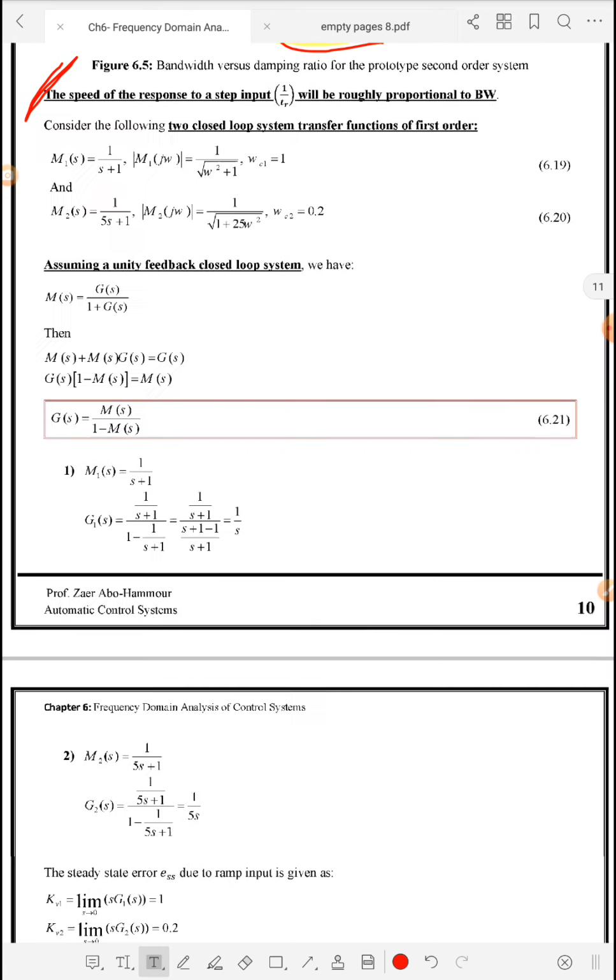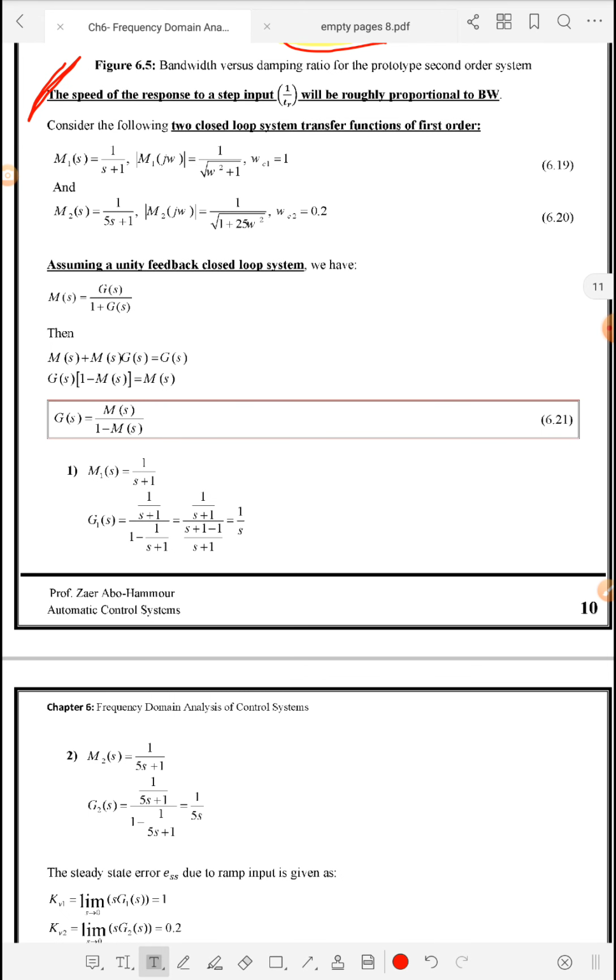In this lecture, we will discuss this correlation. The first correlation point is that the speed of response in time domain is inversely proportional to the rise time.